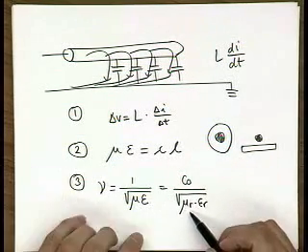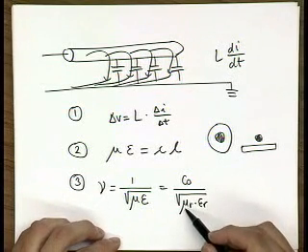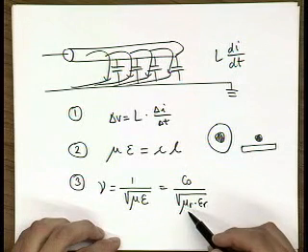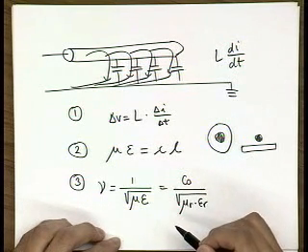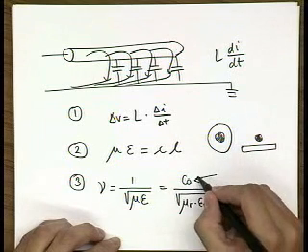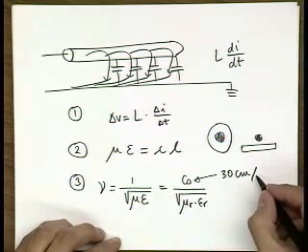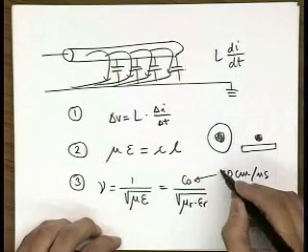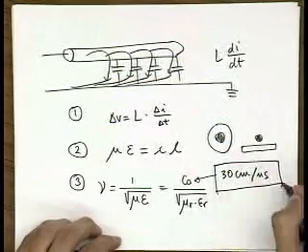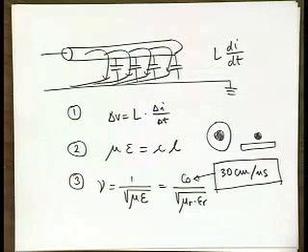Now, this mu r and epsilon r are the relative permittivity and relative permeability of the dielectric. And this c naught is the wave propagation speed in vacuum, and that is equal to 30 centimeters per nanosecond. This is a number you should remember, because that will really give you the idea of when you need to consider these effects.